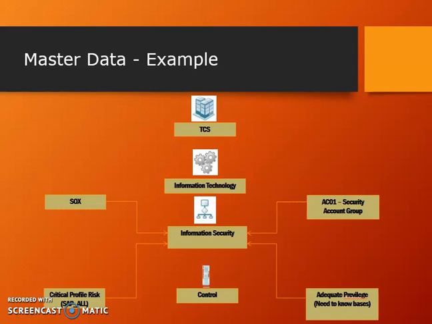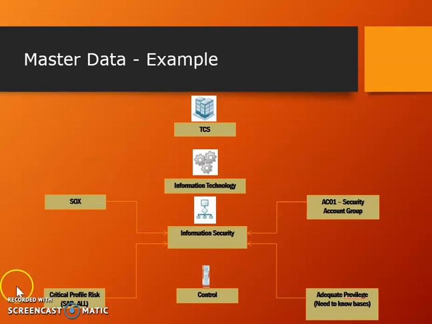Here we have created a business process of information technology and a sub-process of information security. Information technology can have other sub-processes as well. They can have a development team, a security team, an integration team, and operation support teams. So there can be multiple, and it totally depends on how you want to define the sub-processes.